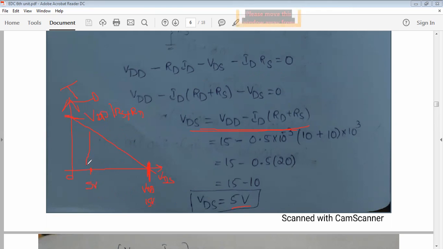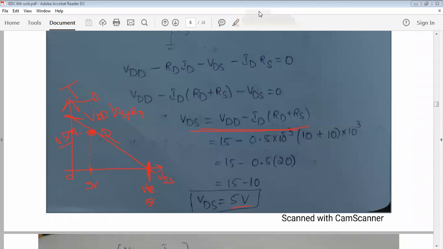And when we extend this line, corresponding one is, this is the 0.5. So this is the Q point. Q point is equal to VDSQ comma IDQ, that is equal to 0.5 milli and 5 volts. Like that we solve the bias problems.